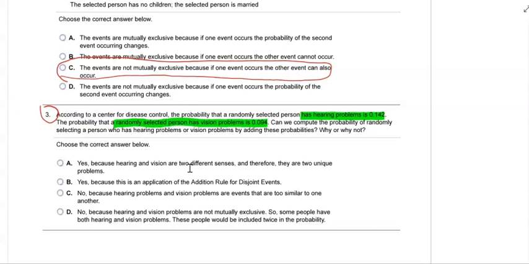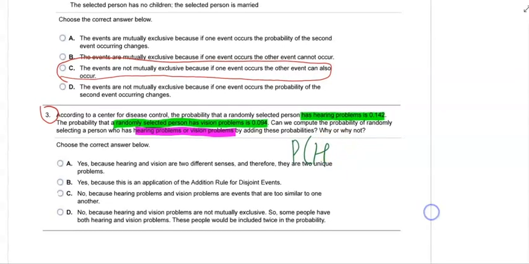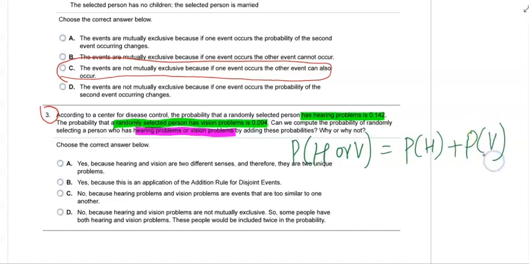The question asks, can you just add these probabilities to find the probability that a person has a hearing problem or a vision problem? Let's put H for hearing problem and V for vision problem.